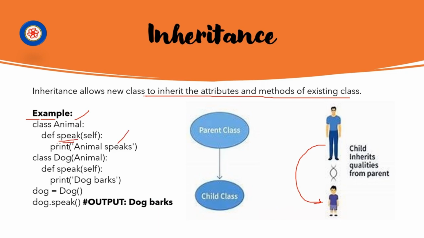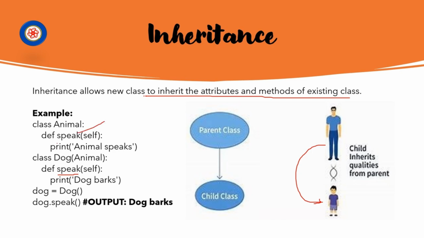In the next line, we are creating a class named dog that inherits from the animal class. This means that dog will have all the methods and attributes of animal class. But you can also add or override methods and attributes specific to the dog. Inside the dog class, there is a method called speak that overrides the speak method from animal class.